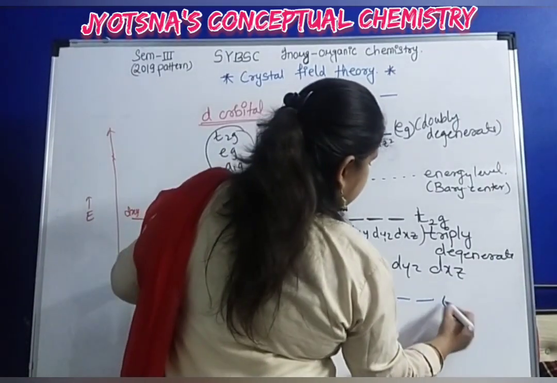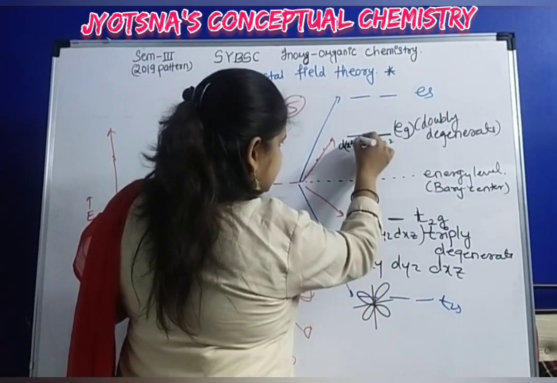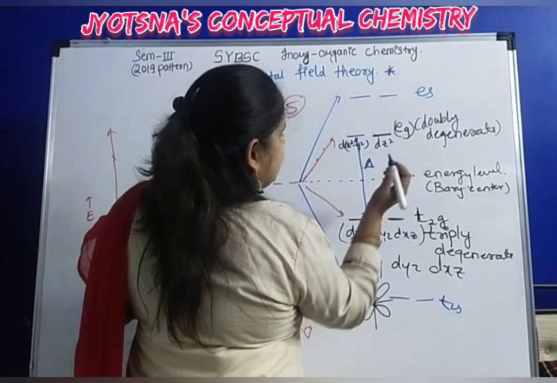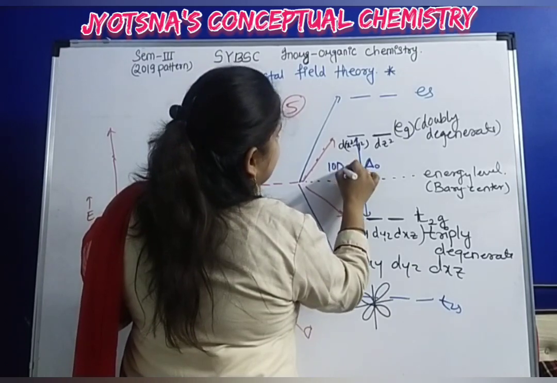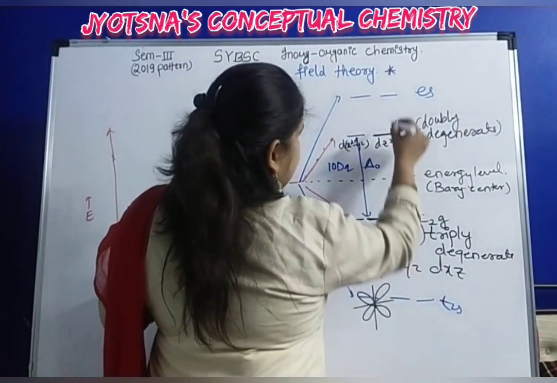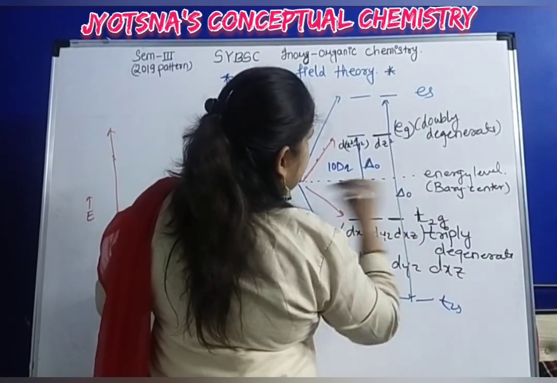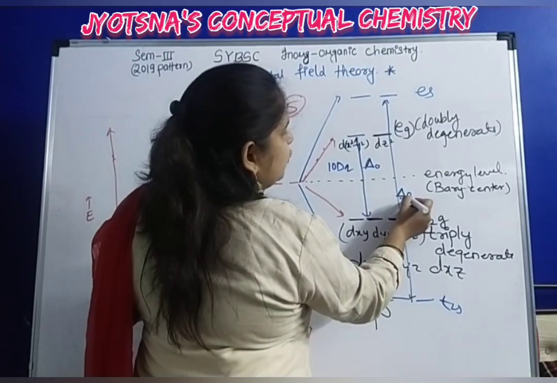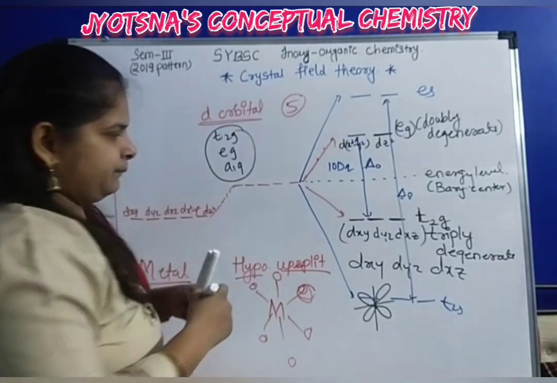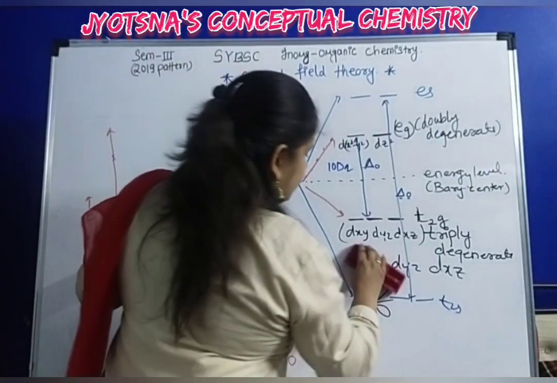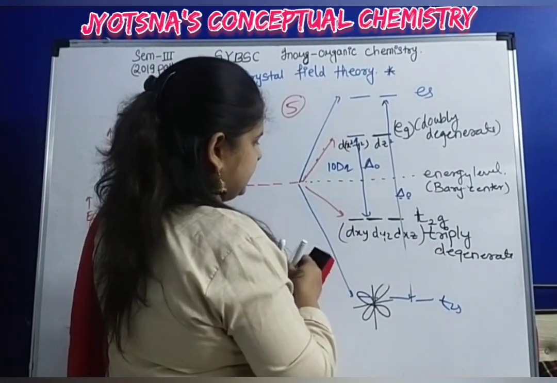Here we have T2g and Eg. The difference between them we call 10 Dq or delta naught, delta O. Delta is for difference, O is for octahedral. We are considering the octahedral field. Now we can draw it and understand very clearly.